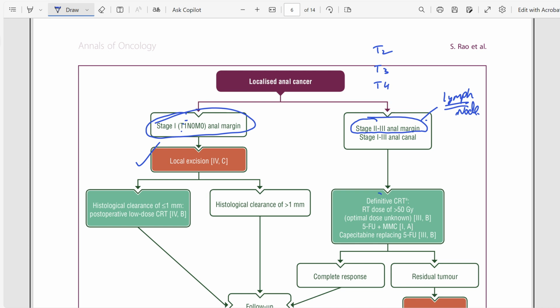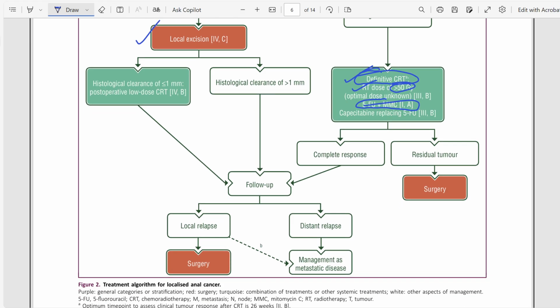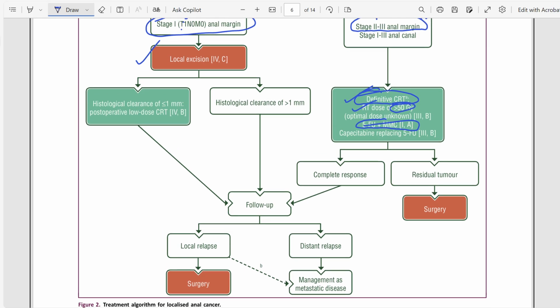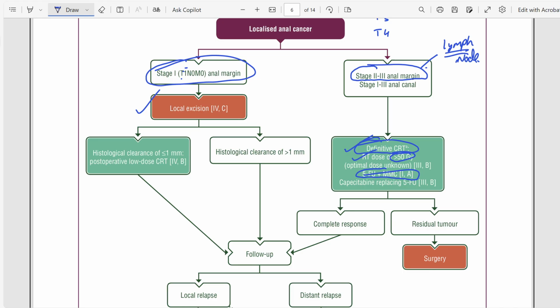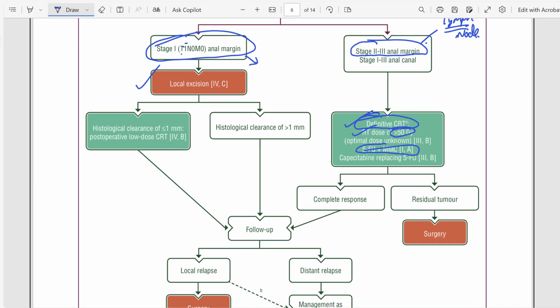The answer would always be definitive CTRT to cure the cancer: RT at a dose of greater than 50 grays, with dual chemosensitizers, 5-FU and MMC, mitomycin C. Sometimes you can replace 5-FU with capecitabine. If it is an anal margin cancer not involving the sphincter, you can do a wide local excision. Otherwise, we don't do surgery anymore.